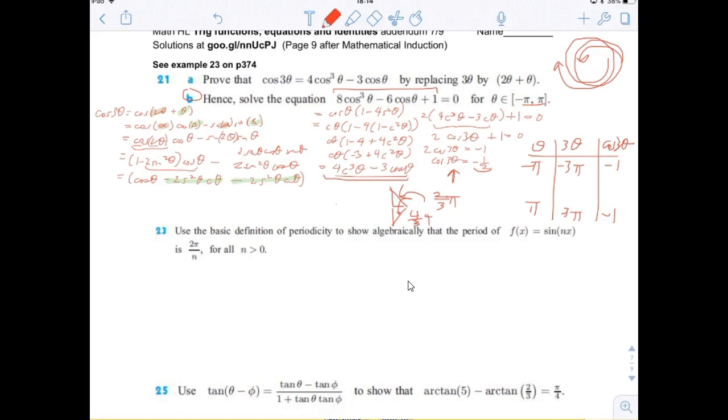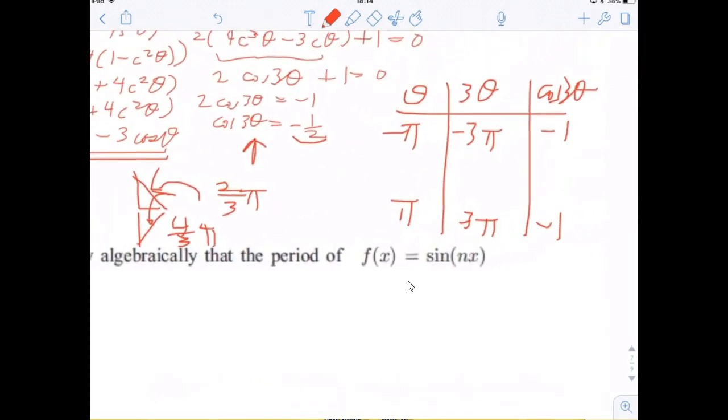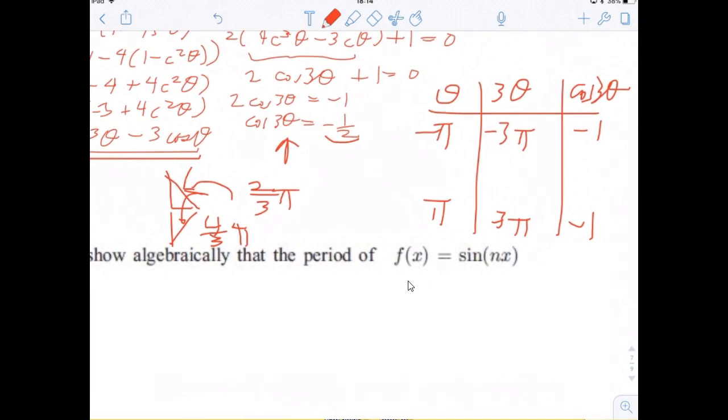Those would be two basic angles, and then we add 2 pi to those angles to find the other angles. So let's put into 3 theta, 2/3 pi and 4/3 pi as two possible angles.